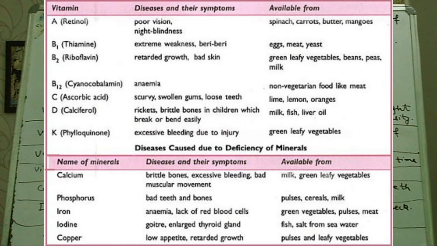But if we are taking fats in excess, that fat is stored under our skin, because our liver can only help to digest a limited amount of fat, and the rest of the fat has to be stored in other parts of our body. These fats can create some heart problems also, because the fat can accumulate in our blood vessels, and that can create blood flow problems.